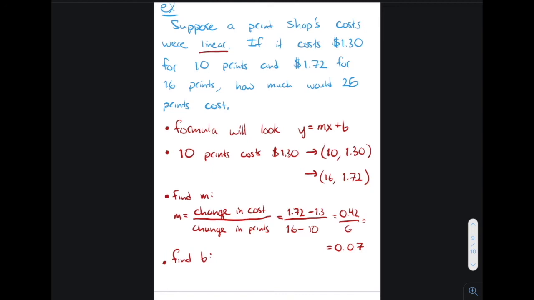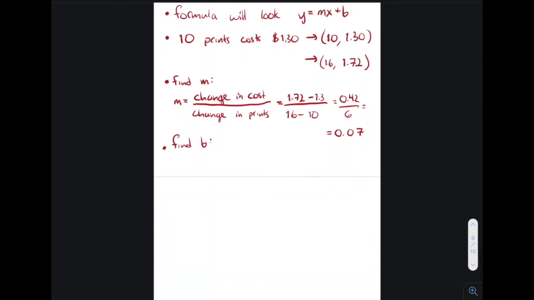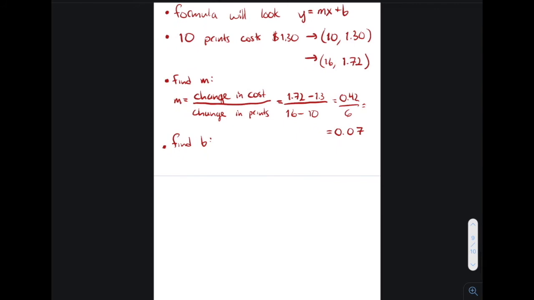Here we can do that by using our general form of y equals mx plus b, and use either of the points we know of to get that 1.3 should equal m, which is 0.07, times x, which in this case is 10, plus b.